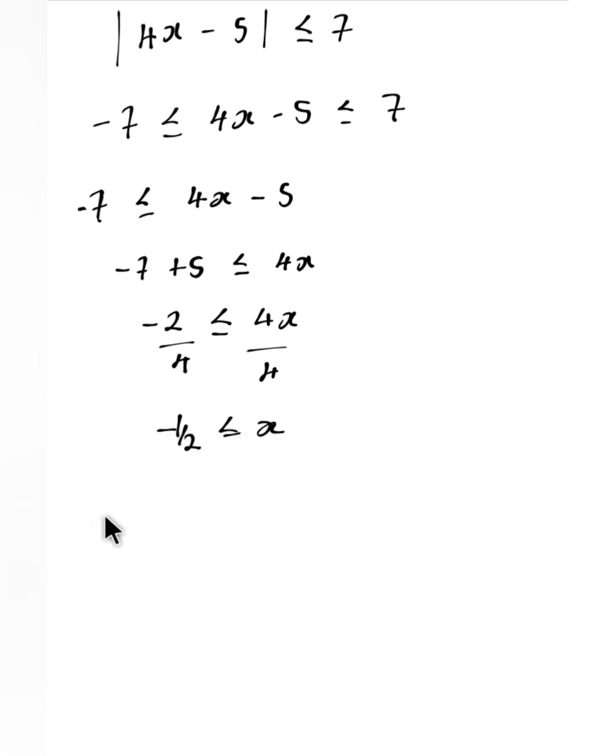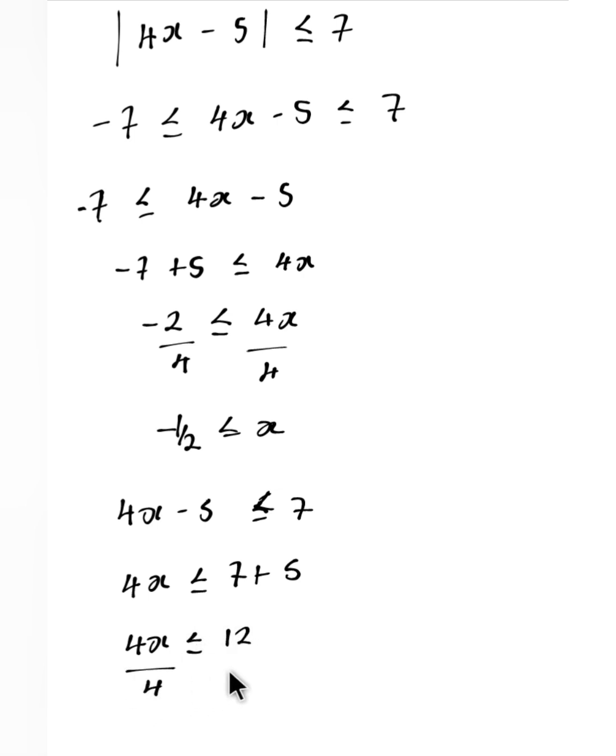For the other part of the equation, we have that 4x minus 5 is less or equals to 7. By the time we take like terms, 4x is less or equals to 7 plus 5. So 4x is less or equals to 12.